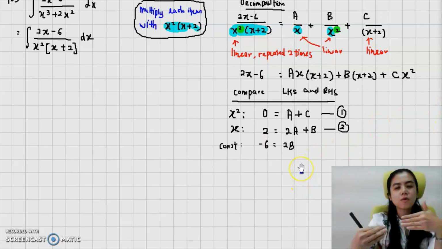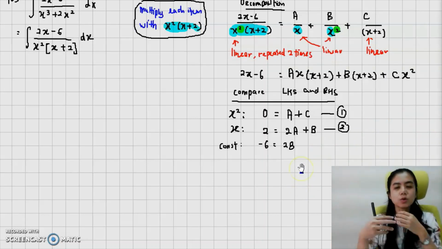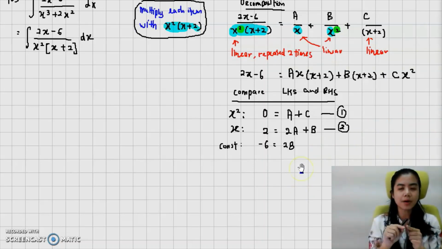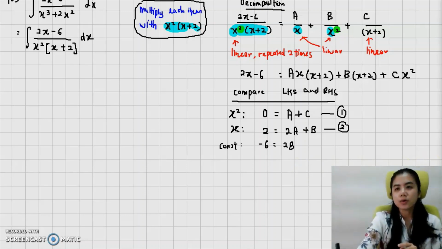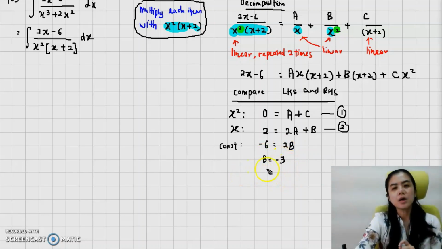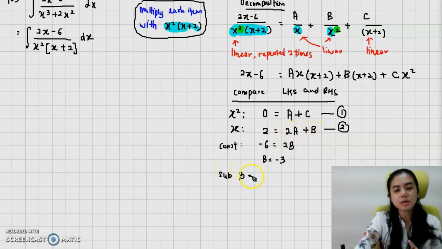And we need to solve those equations that we obtain from comparison. If you solve this, it basically gives you b equal to minus 3. Once you know your b is minus 3, you can get your a from equation 2. So substitute b as minus 3 into equation 2.